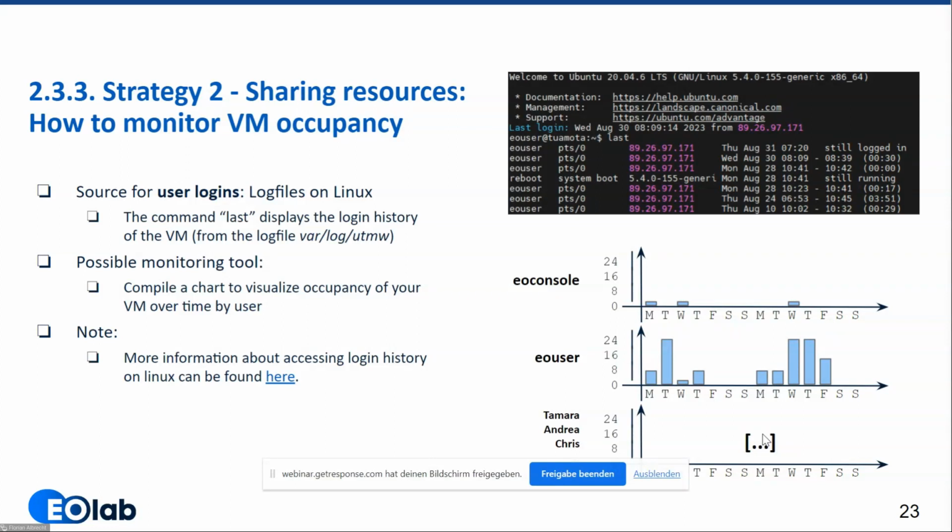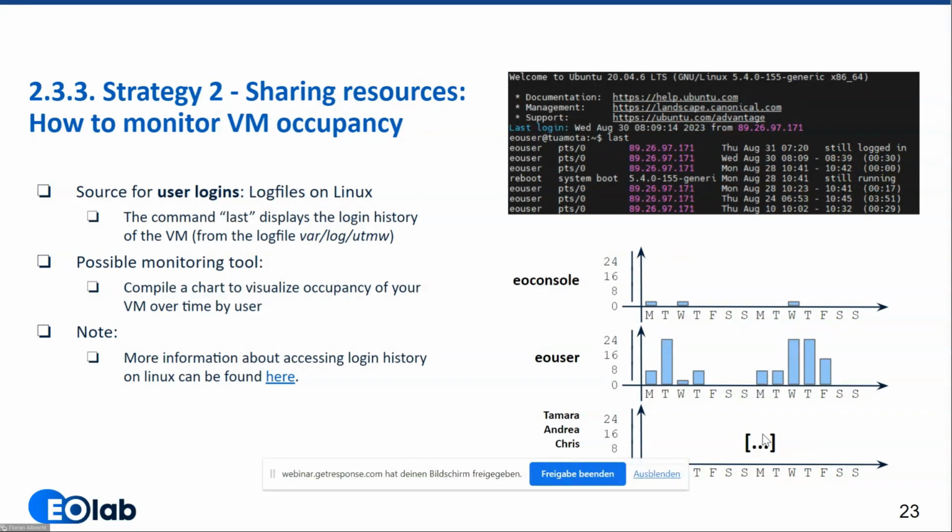So, for example, EO user and EO console, those are the two users that each of the virtual machine has. And you can make new users, Tamara, Andrea, Chris, and the log will show you how long people have been logged in, and then you can decide how to display that.